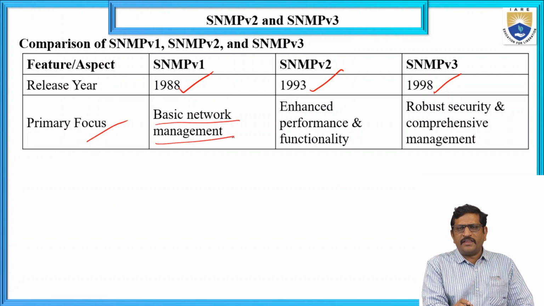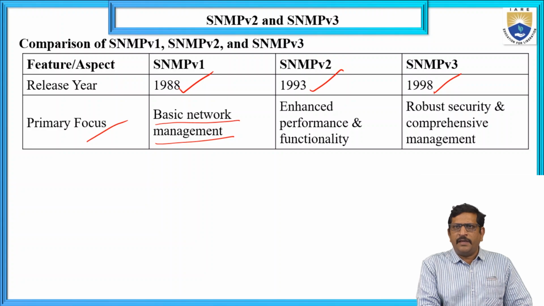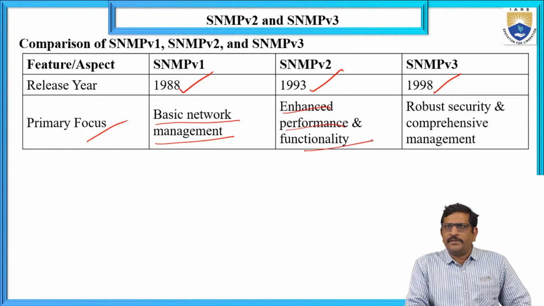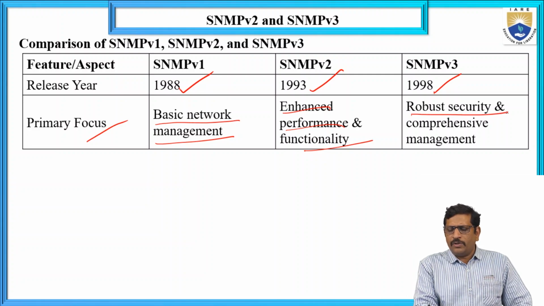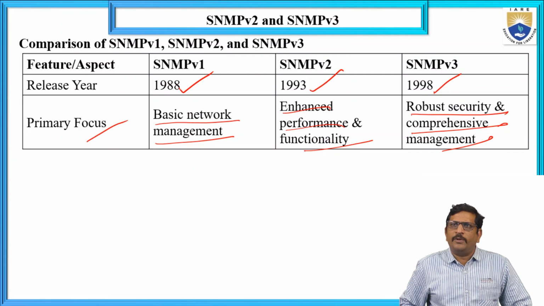SNMPv2 enhances the performance and functionality. SNMPv3 is robust in security and improves comprehensive management. Mainly it focuses on providing more security.